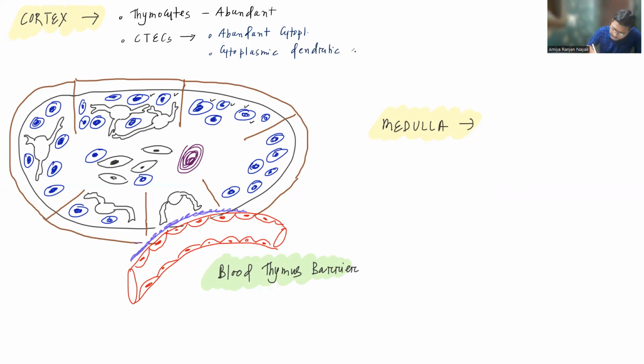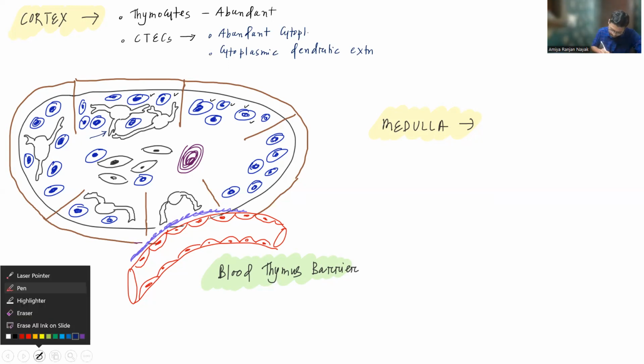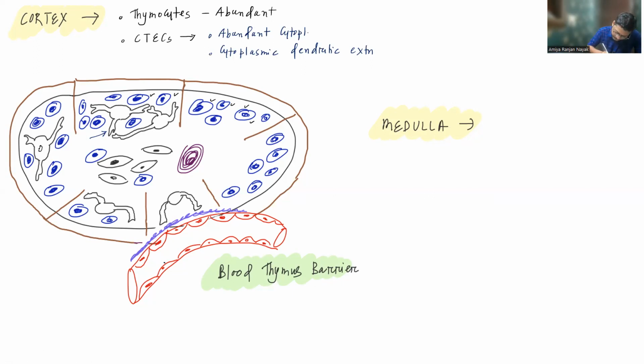As you can see here, these are the cytoplasmic dendritic extensions of the cortical thymic epithelial cells. Of course, they will have the nucleus, which I have forgotten to draw here. So they will have a nucleus, but they will have abundant cytoplasm and these cytoplasmic dendritic extensions.